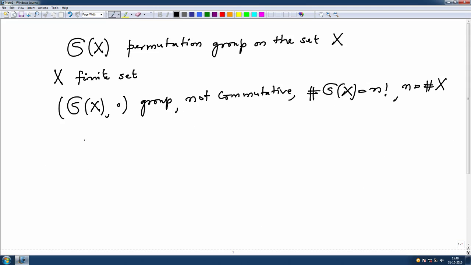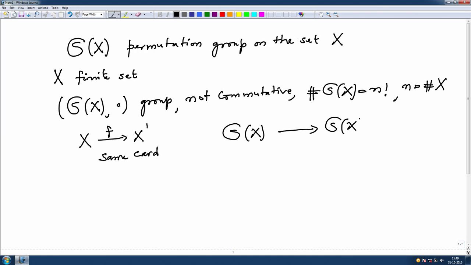That means if X and X prime are two sets with the same cardinality, that means there is a bijective map f from X to X prime, then this map f induces an isomorphism from Sx to Sx prime. I have denoted this by kappa f.